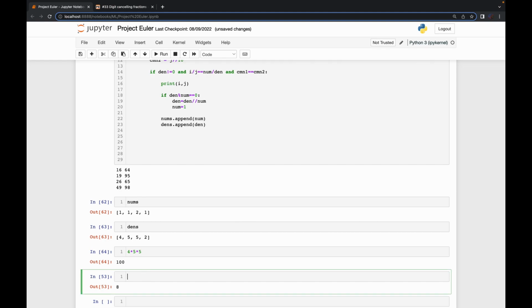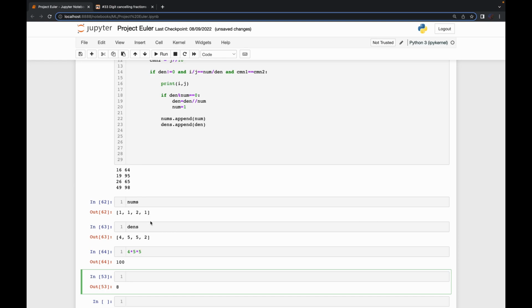But if you want to do it programmatically, we can write another loop and just do the multiplication. Basically, we multiply all the numerators, multiply all the denominators, and then do the integer division.